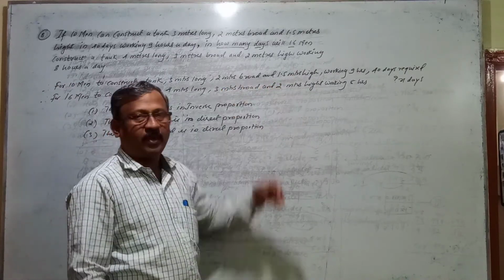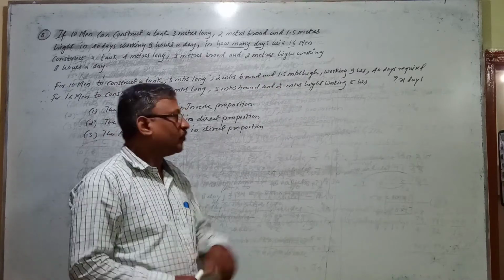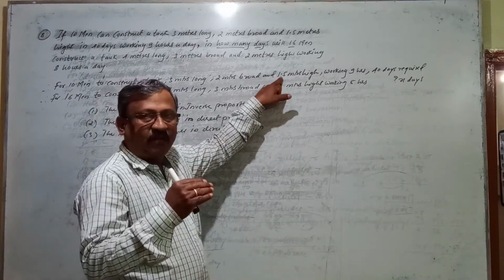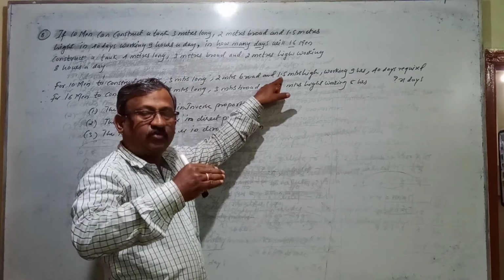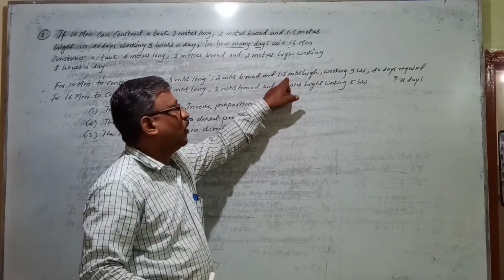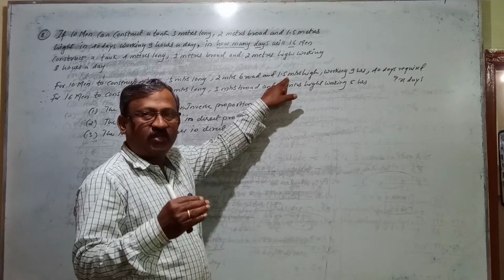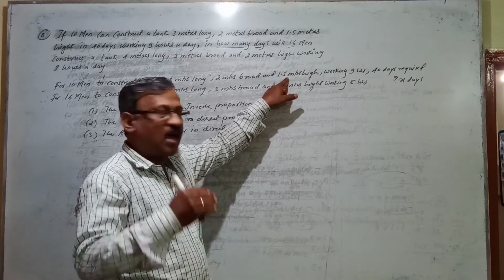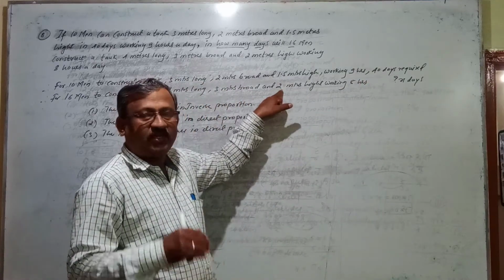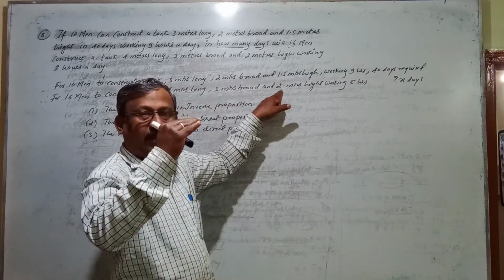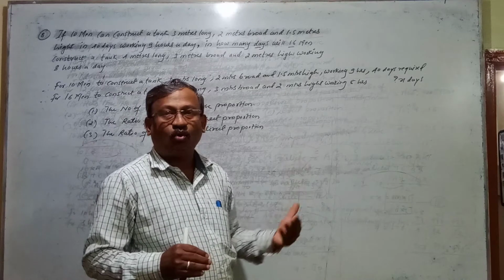Now we have to compare the height of the tank. If you want to construct a tank which is 1.5 meters high, it takes 40 days. If you want to construct a tank which is 2 meters high, how many days will it take, more or less?